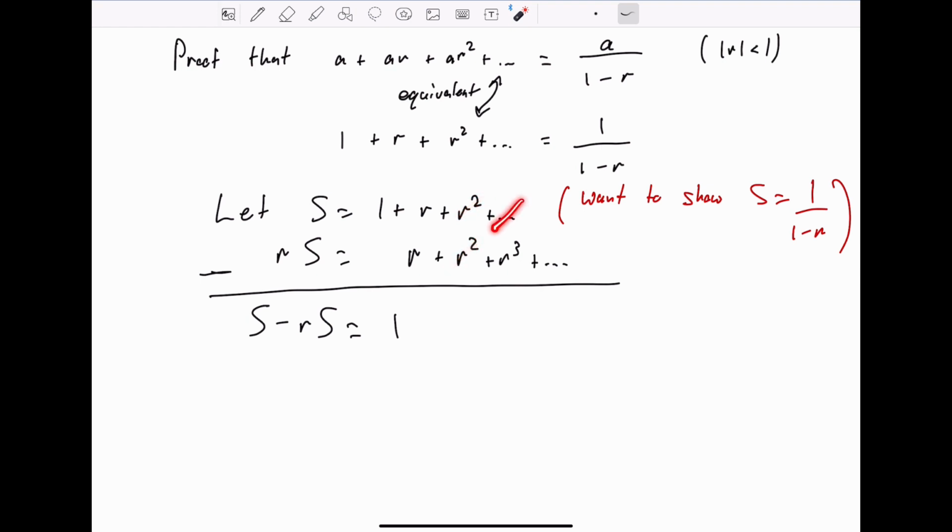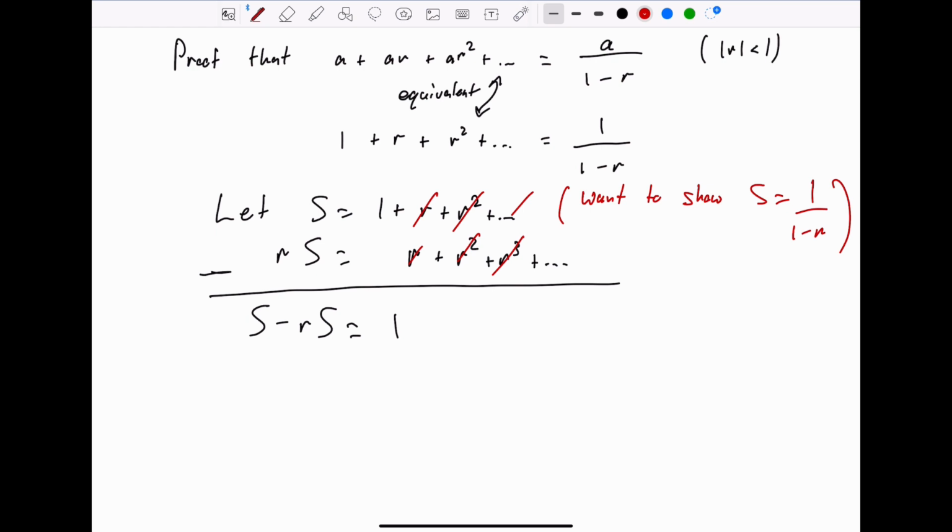I'd have an r cubed here, which cancels with this r cubed. All of the terms moving forward are going to cancel when I subtract these two expressions, because I have r plus r squared plus r cubed plus r to the fourth, and I have r plus r squared plus r cubed plus r to the fourth. Those all cancel out. So what am I left with on the right-hand side? I'm just left with 1, because all of these common terms just cancel right out.